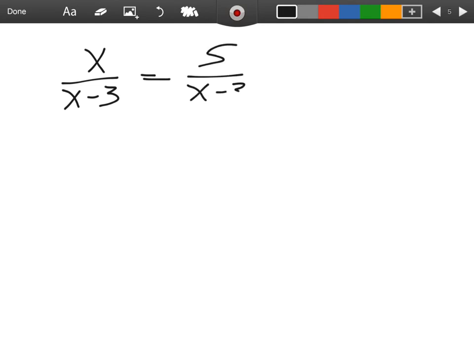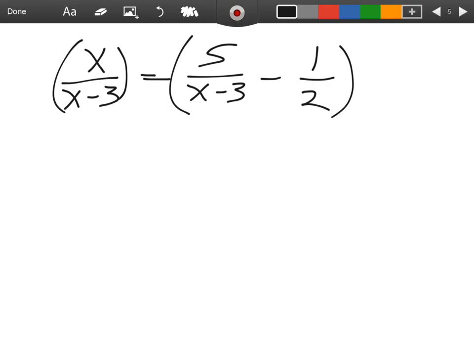Same technique. Say I have x over x minus 3 equals 5 over x minus 3 minus 1/2. In this case, we have x minus 3 as one denominator and 2 as the other, so the least common multiple of those two is 2 times x minus 3.